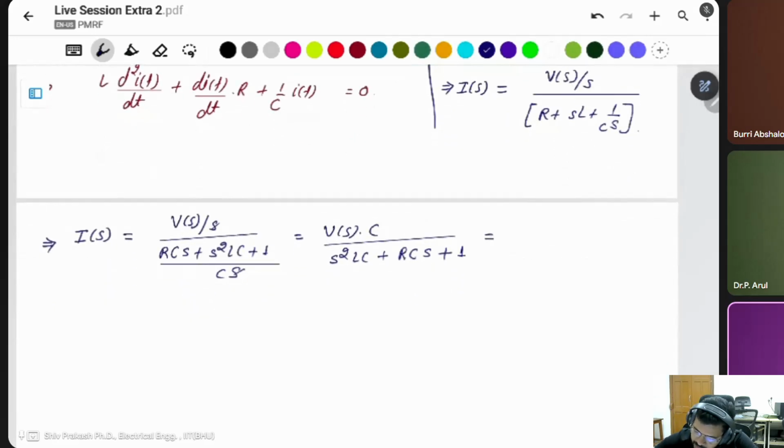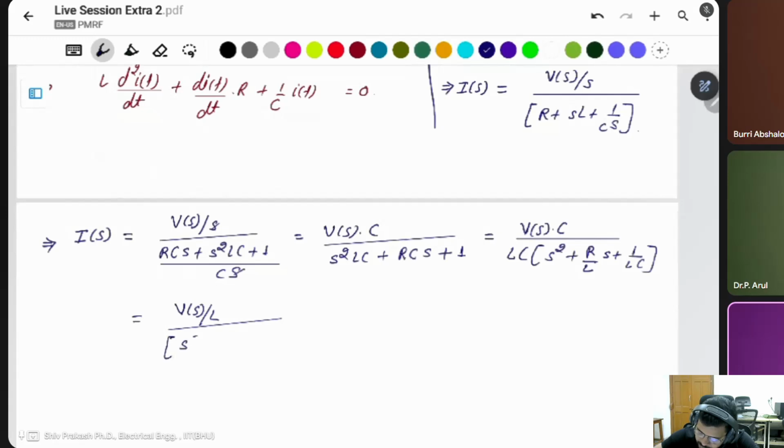Take LC common. This will be s square plus R by L s plus 1 by LC. The LC cancels out; this is V(s) by L only.